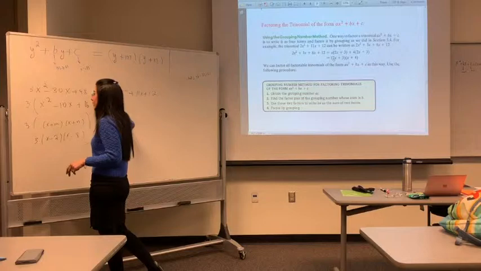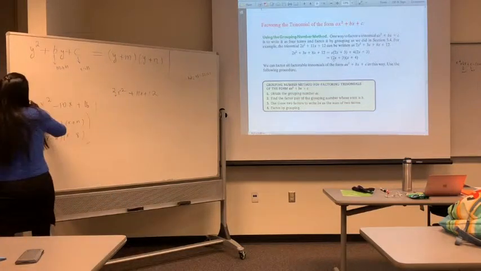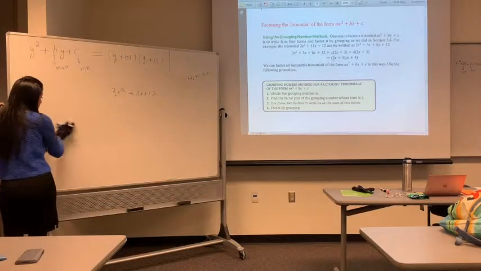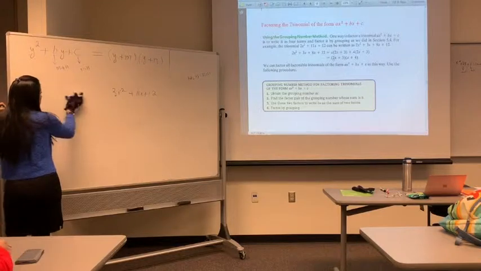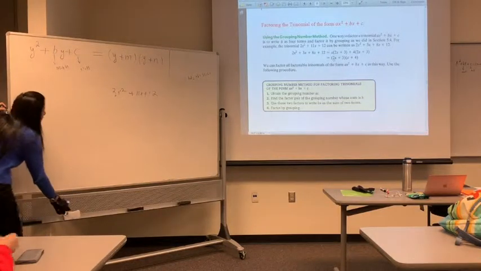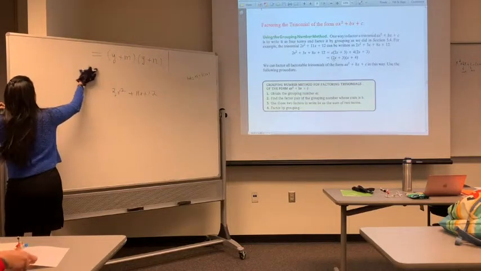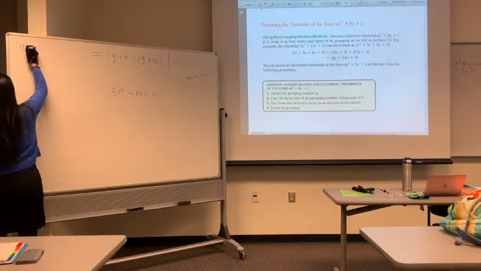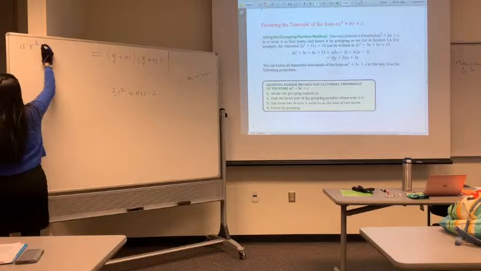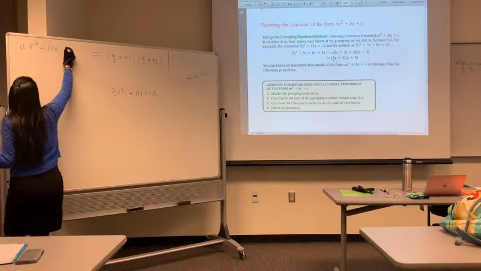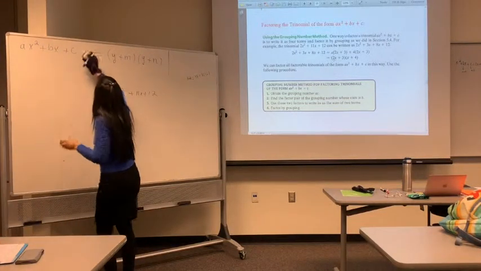This new method is a combination of 2 different things. So our new formula is this: ax squared plus bx plus c.